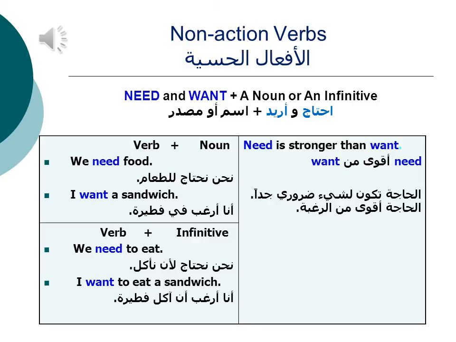I want a sandwich. Again, want is followed by a noun, which is a sandwich. While we can also use need followed by to plus the infinitive. We say, we need to eat. I want to eat a sandwich. Need is stronger than want in both cases.